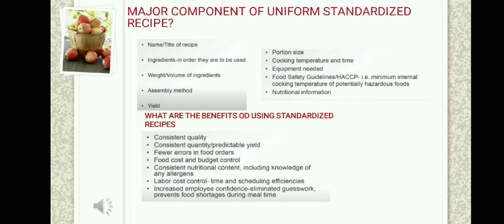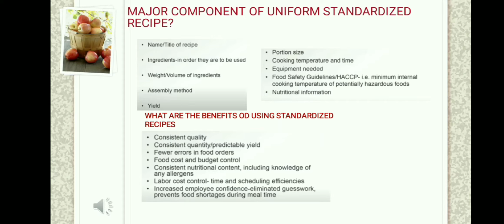By using this standardized recipe, you're going to have consistent nutritional content, including knowledge of any food allergens. It also controls your labor cost and time scheduling efficiency, and the confidence you have might increase when you're cooking.